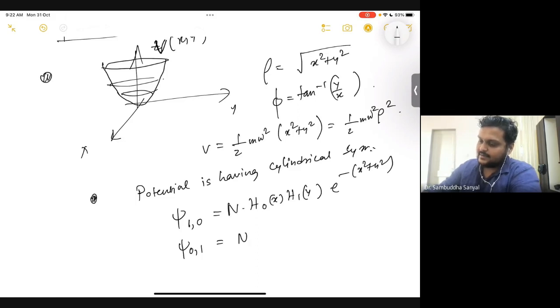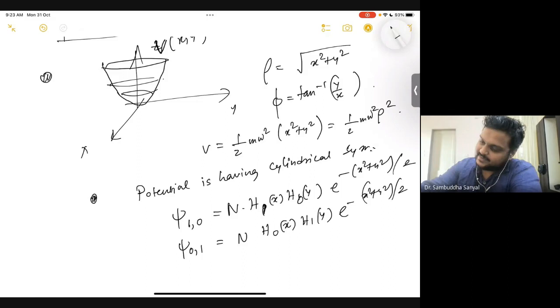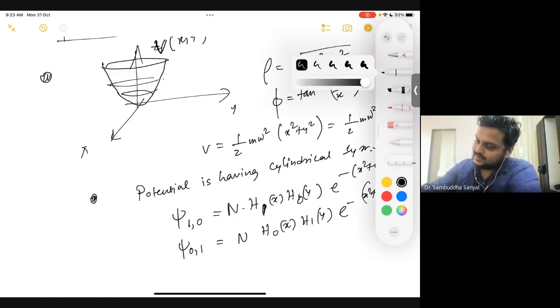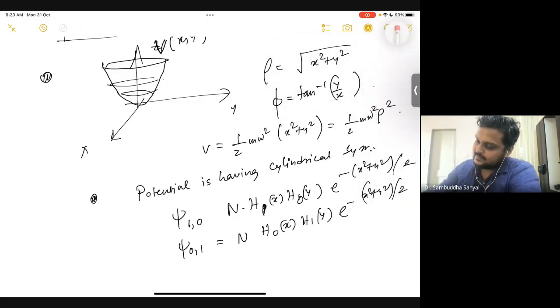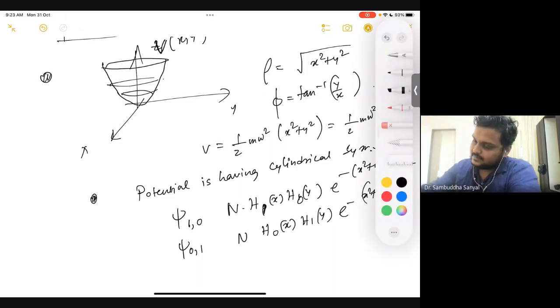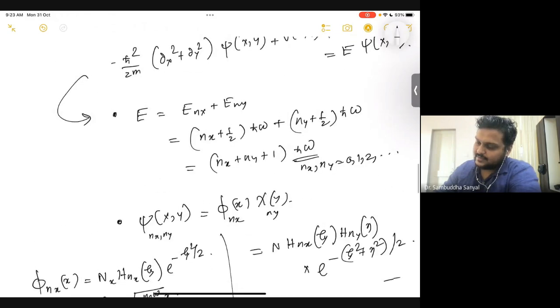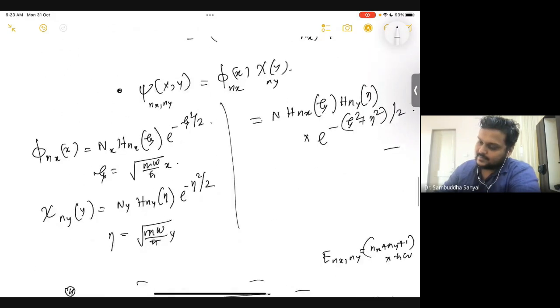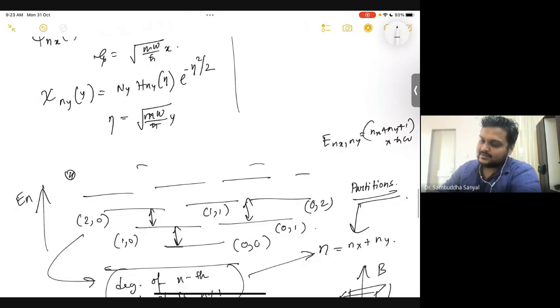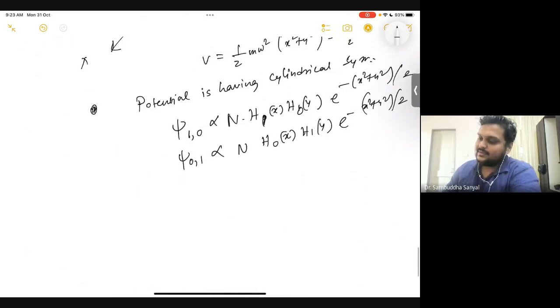I'm not writing it. No, this is 1 and 0. So I am writing this in an approximate form, so let me put a proportional sign. You can note the full form from this formula. I'm just not writing all these complicated expressions. So this will be the form.